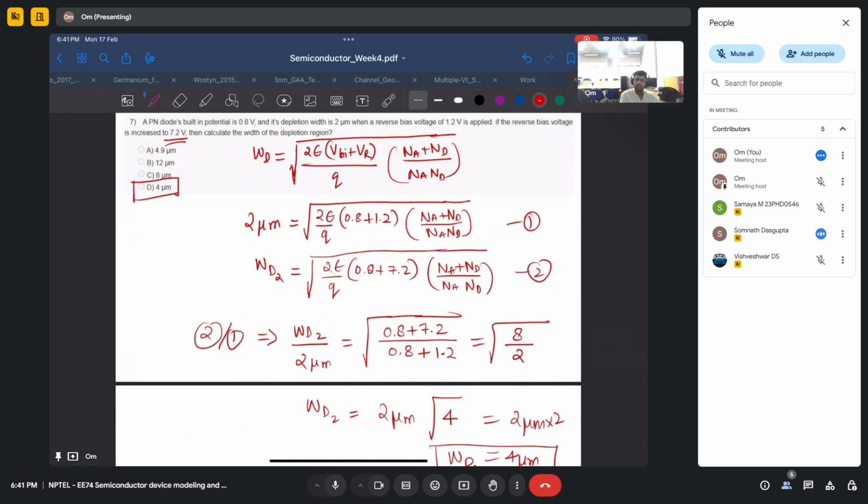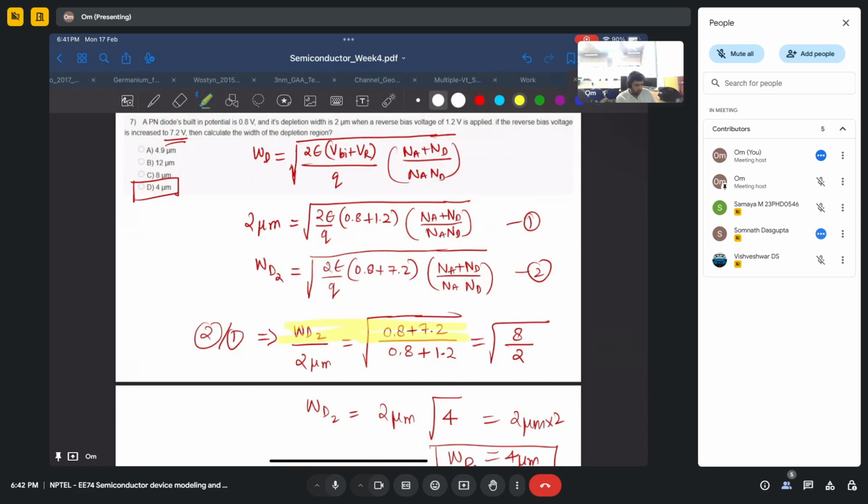Sir, 0.8 is the built-in potential, and 1.2 and 7.2 are the applied reverse bias voltages, so into the depletion of the second and first ratio. Okay, we have done the same thing, right?